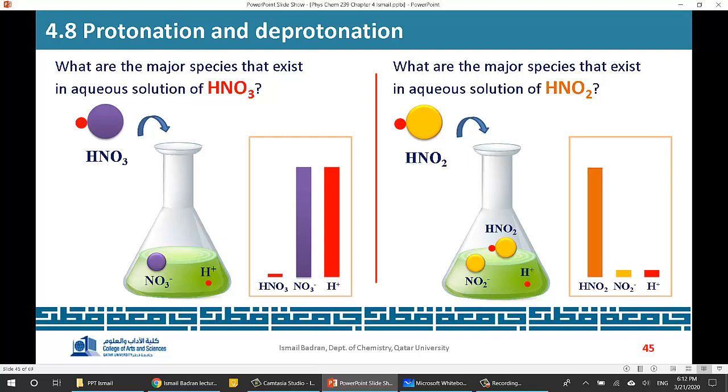So for weak acids, the amount of products is less than reactants, and you will have a small value of the equilibrium constant, or the acid equilibrium constant. So keep this in mind for the future slides. We are going to use this to solve questions that are related to weak acids, and it's also important to understand how buffers work.